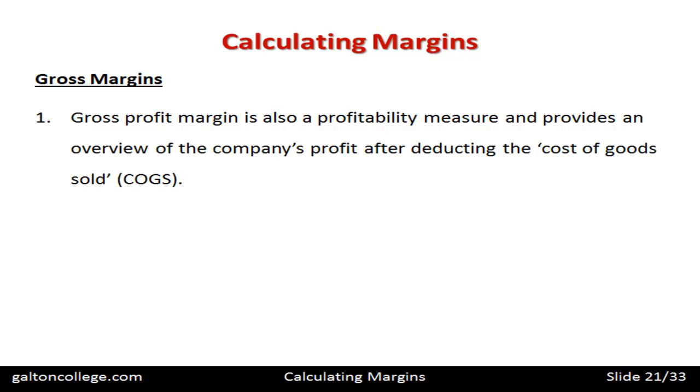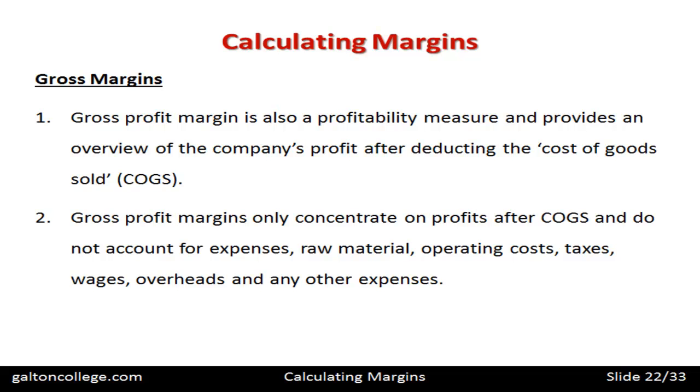Gross profit margins only concentrate on profits after COGS and do not account for expenses, raw materials, operating costs, taxes, wages, overheads, or any other expense.